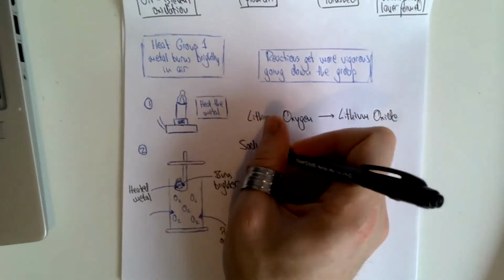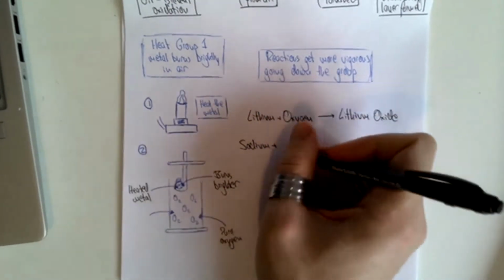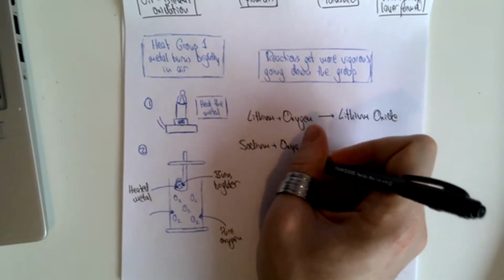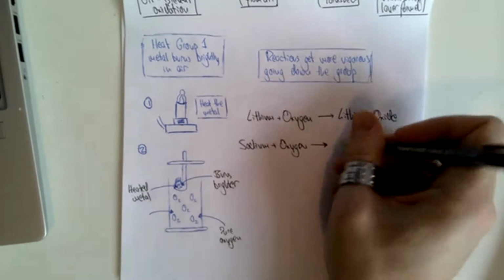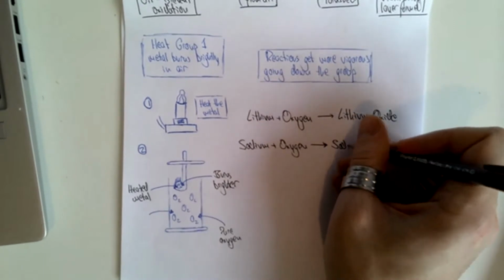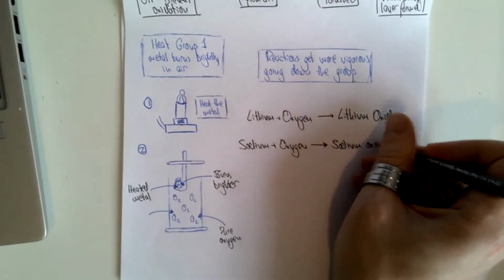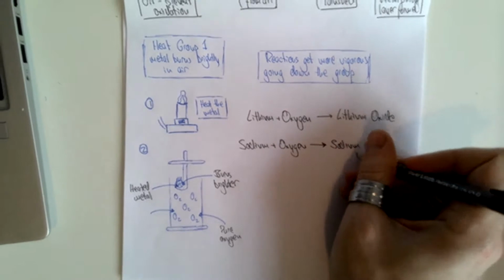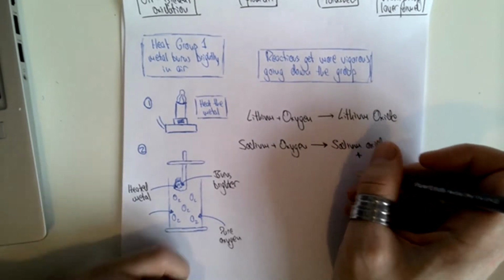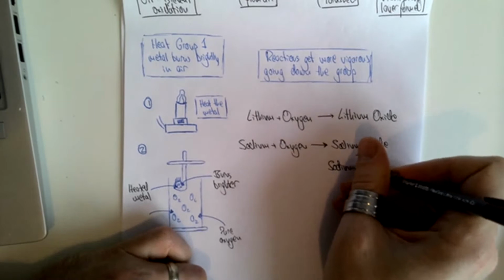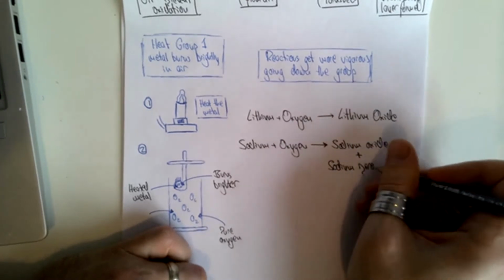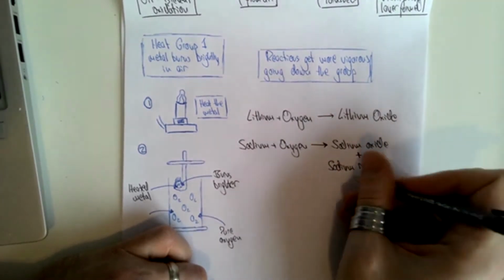Sodium plus oxygen would form two substances, sodium oxide and sodium peroxide, which has extra sodiums and oxygens per molecule, okay?